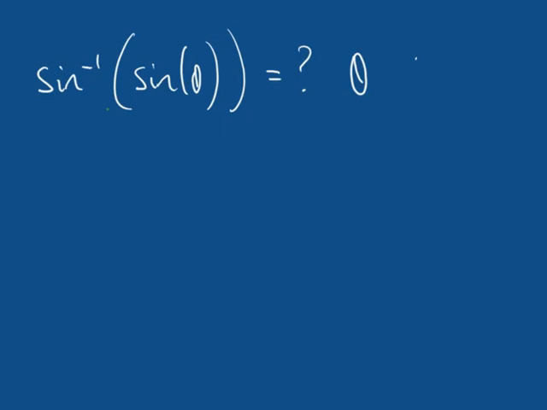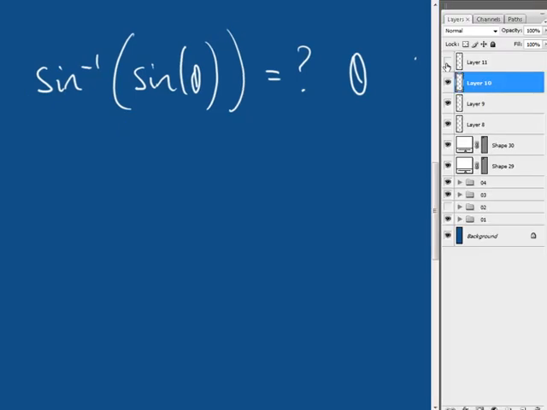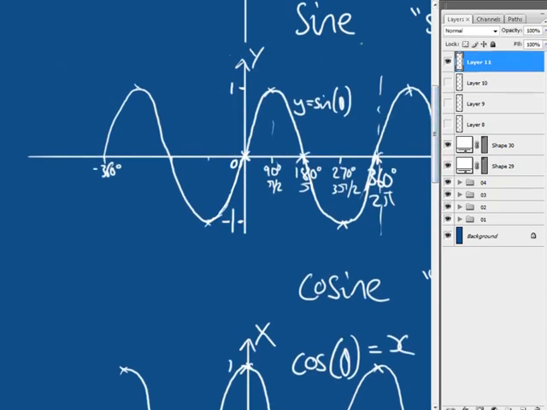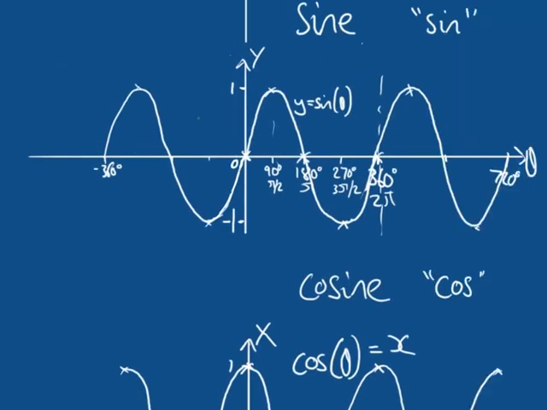But the only way we're going to get a consistent result is to restrict the range of our inverse sine function. That is to say, if we look at our graph again, we force our inverse sine function to return between two specific angles, such that there is only ever one angle of theta that generates a specific value of sine theta.